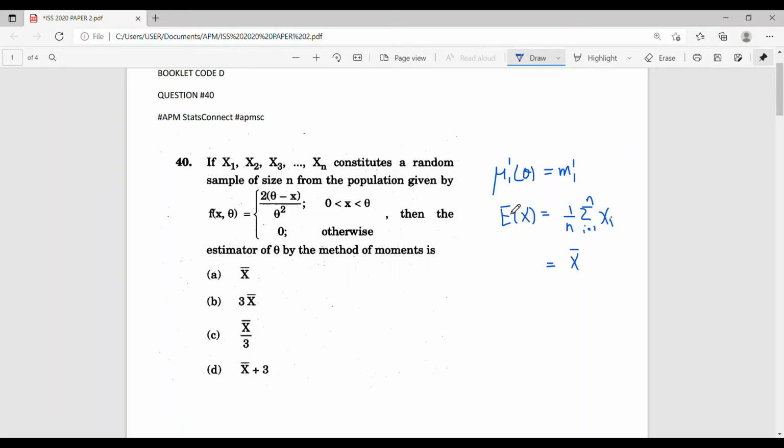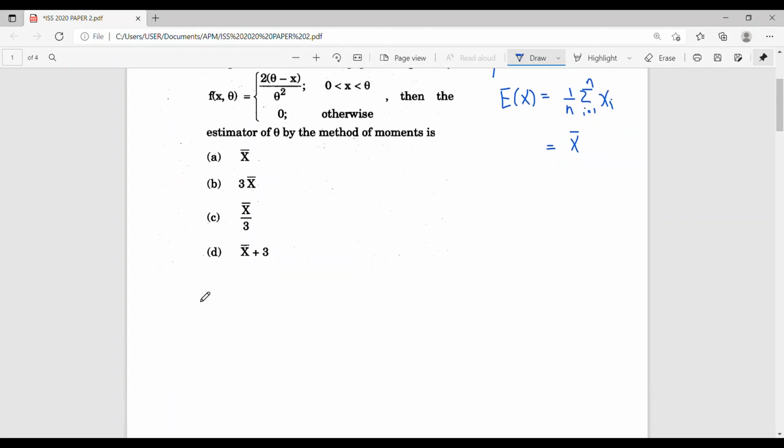Now we have to find the expected value of x for the given population with the density function f(x, theta) equal to 2 into (theta minus x) divided by theta square, 0 less than x less than theta. So let's consider the expected value of x, which is, by definition, the integral from 0 to theta of x into 2 into (theta minus x) divided by theta square dx.